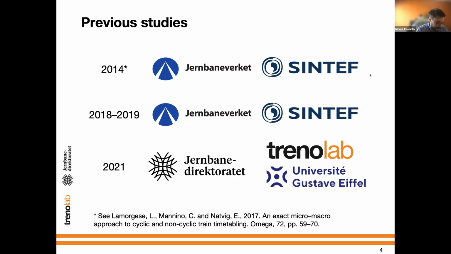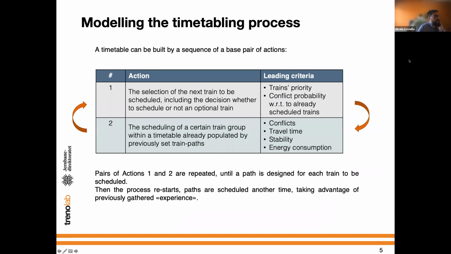Thank you, Thomas. So let's go into the very kernel of our topic, and let's describe the timetabling algorithm we propose. We moved from a very basic intuition, that is, our algorithm tries to mimic the real practice that is performed by a real timetable planner. When we design a timetable, we iterate two basic actions.